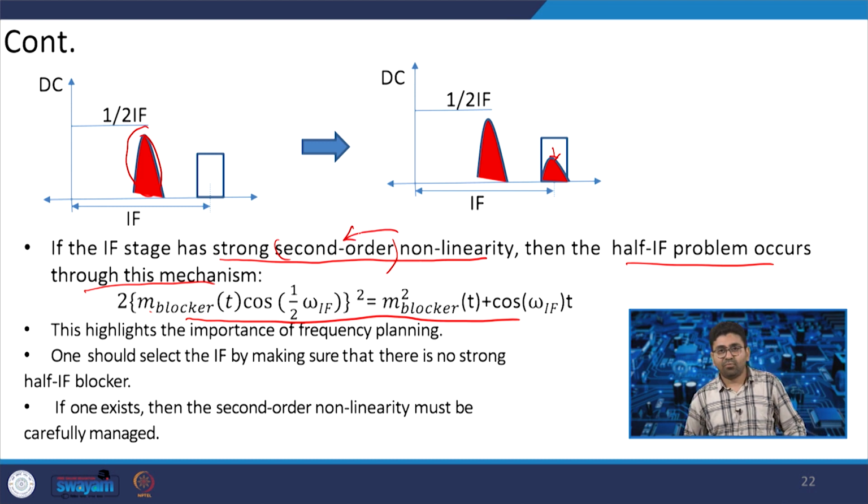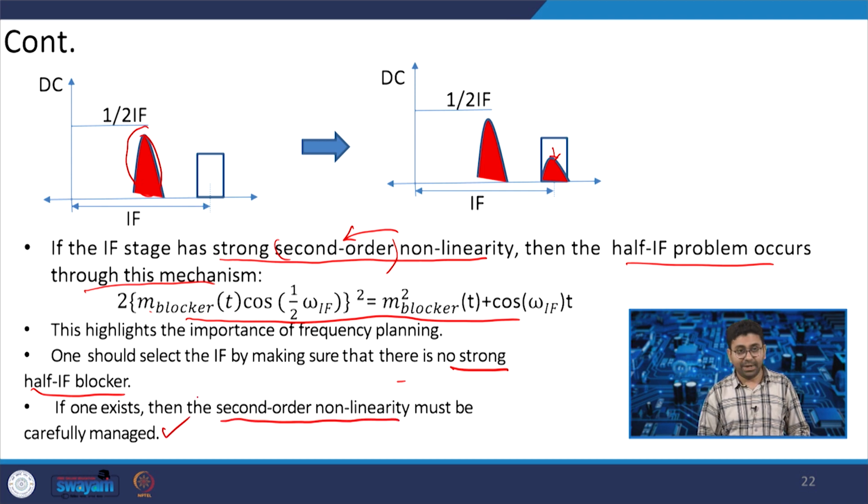That is why while designing the low noise amplifier also, second order nonlinearity is important, and this highlights the importance of frequency planning. One should select the IF by making sure that there is no strong half IF blocker. And if there is something that exists, then the second order nonlinearity must be carefully managed.